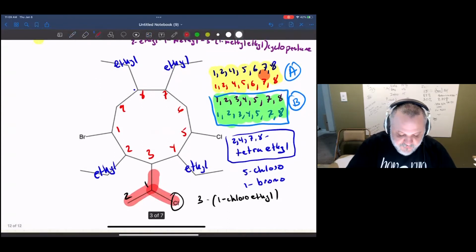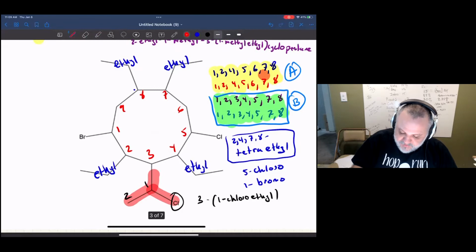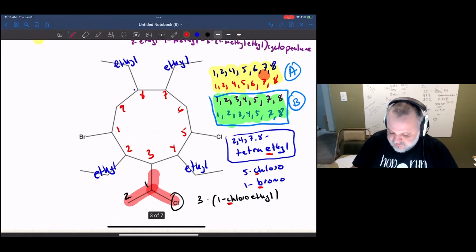Now we just need to alphabetize them all. And doing alphabetizing, we start with E versus C versus B versus C. And so which C comes first? Is it chloro or chloroethyl? Chloro comes before chloroethyl. So it's 1, 2, 3, 4 in order.